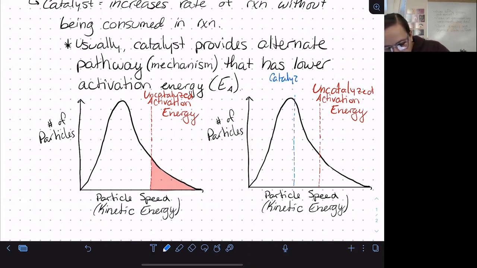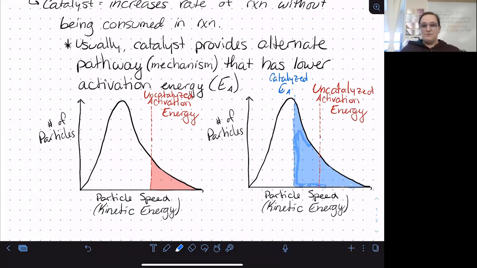So the blue is the catalyzed version, which means since I've lowered the requirement, now anything to the right of that blue line is able to have enough energy to collide successfully and undergo reaction. Since we have more particles represented by the blue region of the graph here than by the red region, the catalyzed process is going to be faster because more of our collisions are going to be successful.